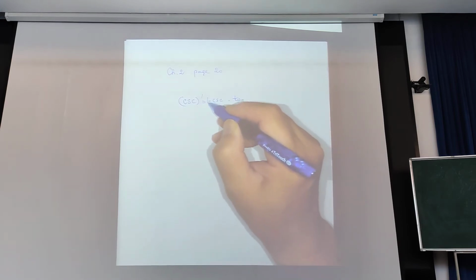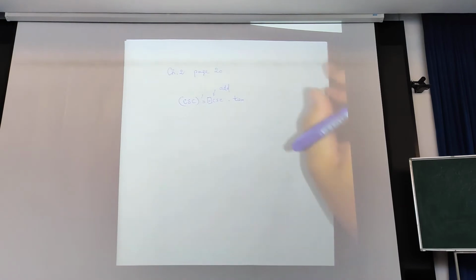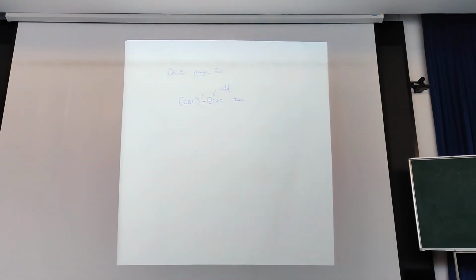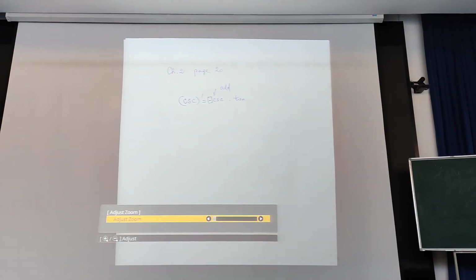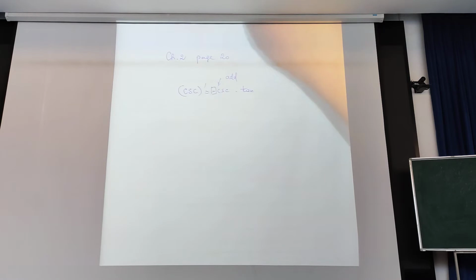But it should have a minus here. Please add this minus in the formula. Add this, okay? That's my fault. I skipped the minus of that one. Okay, and now we start integral.